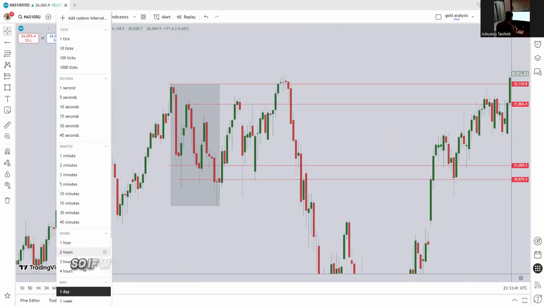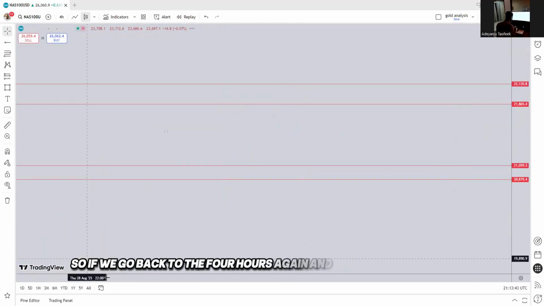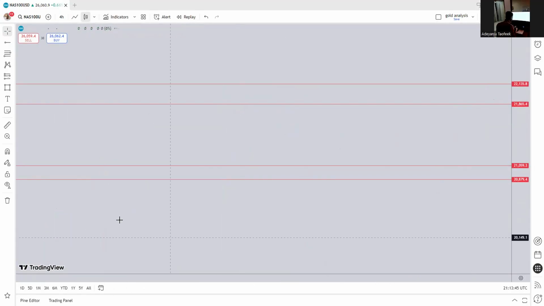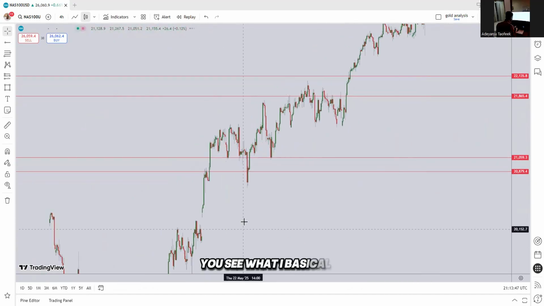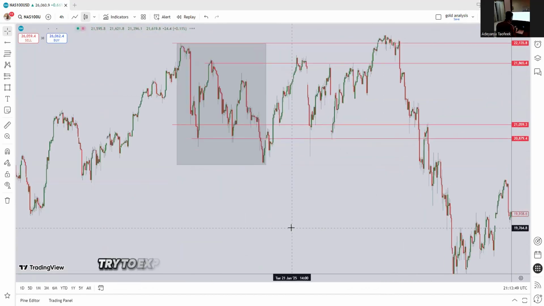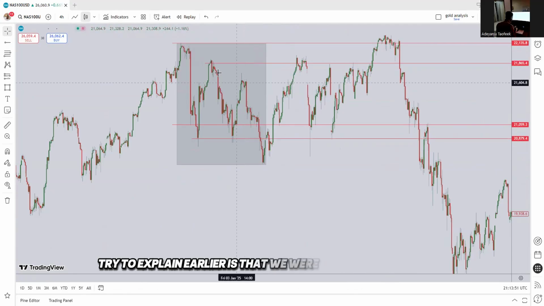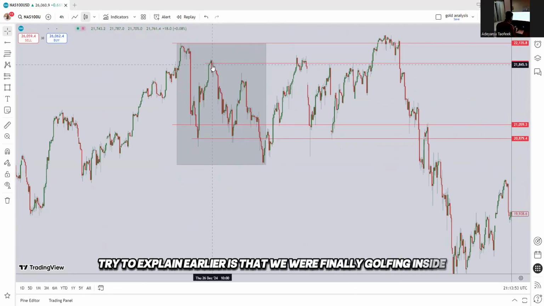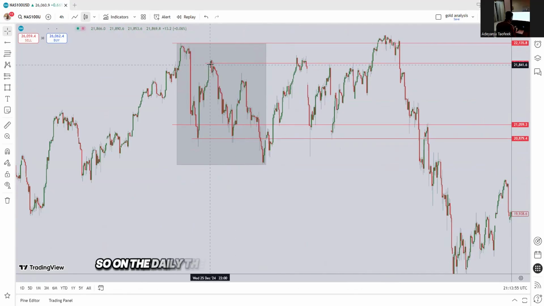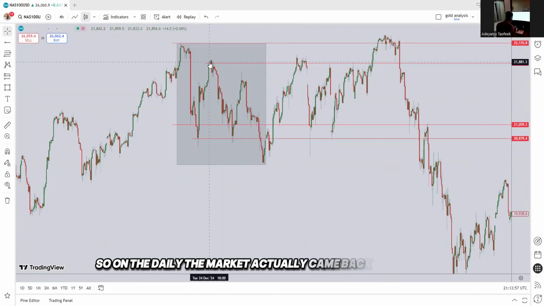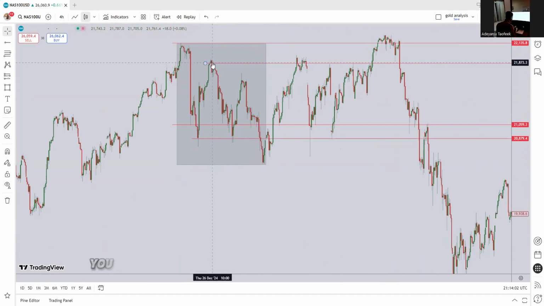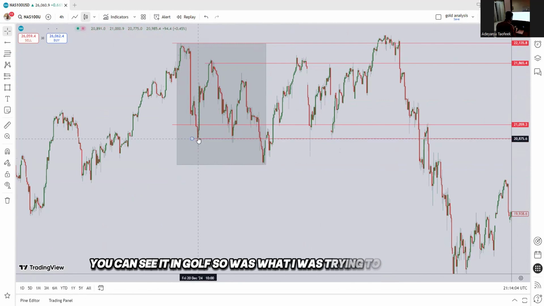If we go back to the 4 hours and see what happened, you see what I basically tried to explain earlier: we wait for an engulfing inside. On the daily, the market actually came back inside of this red line. On the 4 hours, you can see it engulfed. So it was what I was trying to explain here.